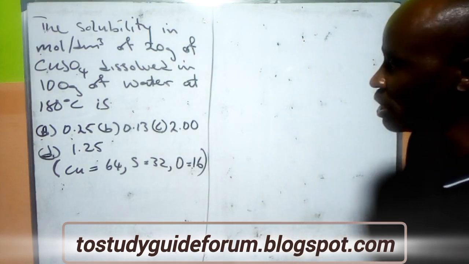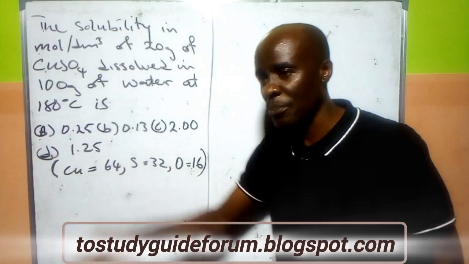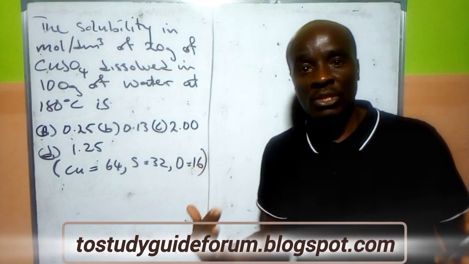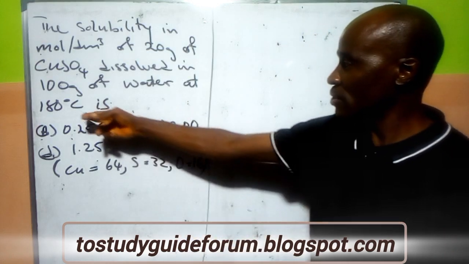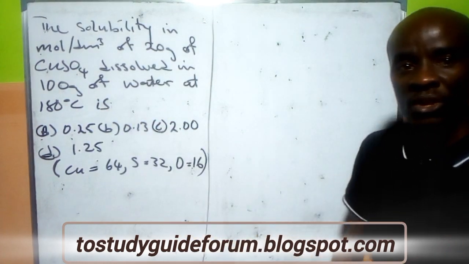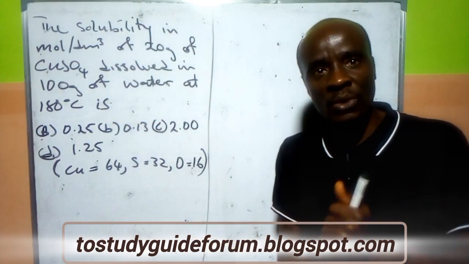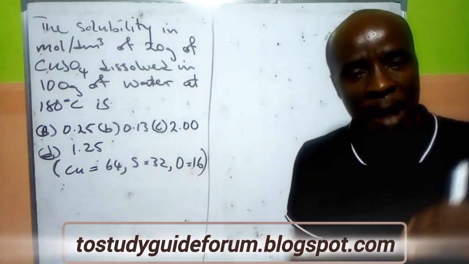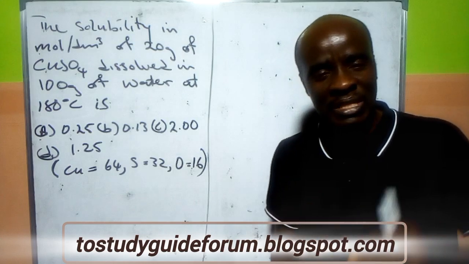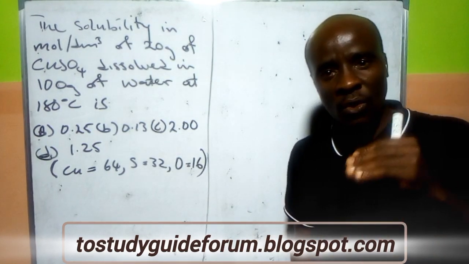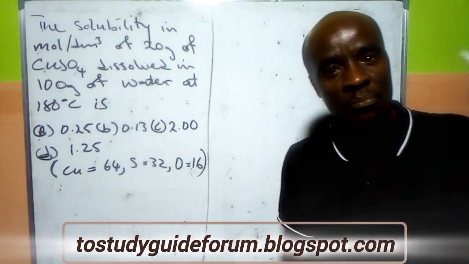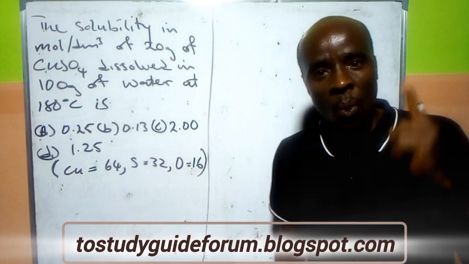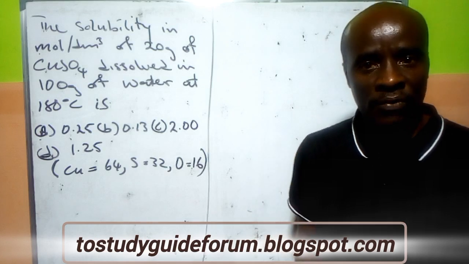That's why most times you see something like temperature. Temperature has nothing to do with the calculation, because most times you see some students asking why it is that you did not use the temperature. Rather, temperature is telling us the temperature we are dealing with, because the solubility of any substance deals with the maximum amount of that solute, in mole or in gram, that can dissolve in 1 dm cube of a solvent.